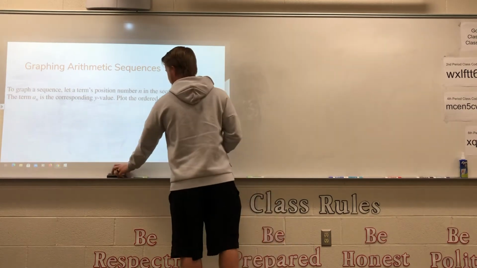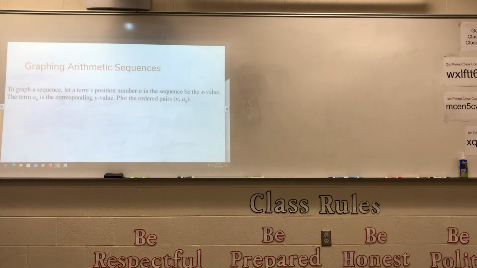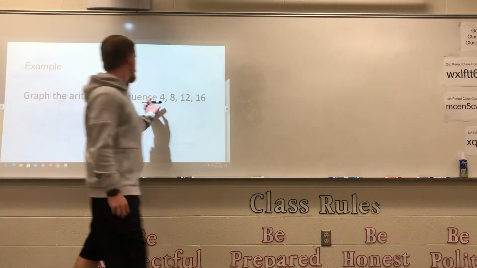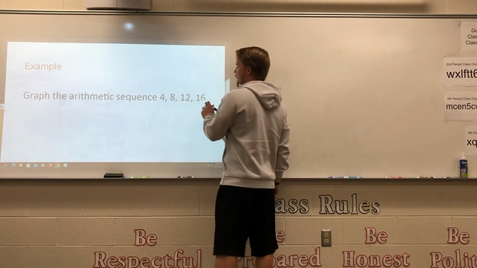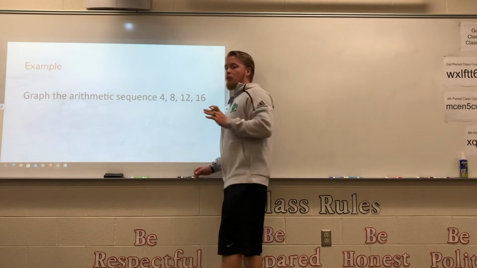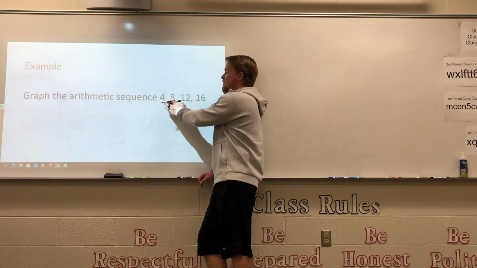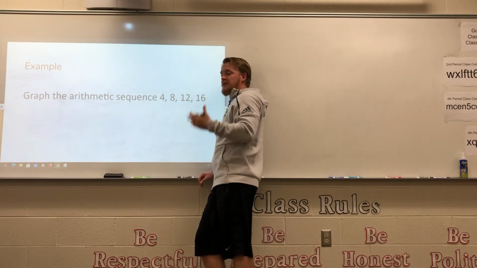This will make more sense once we look at an example. It says graph the arithmetic sequence 4, 8, 12, 16. So basically, these are your y values, because these are the actual terms themselves. The x value, remember, is your position.